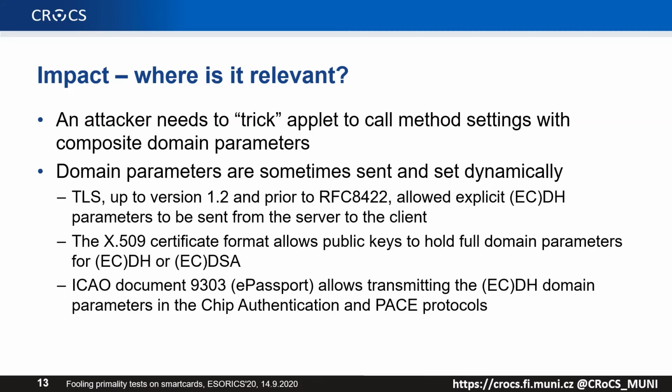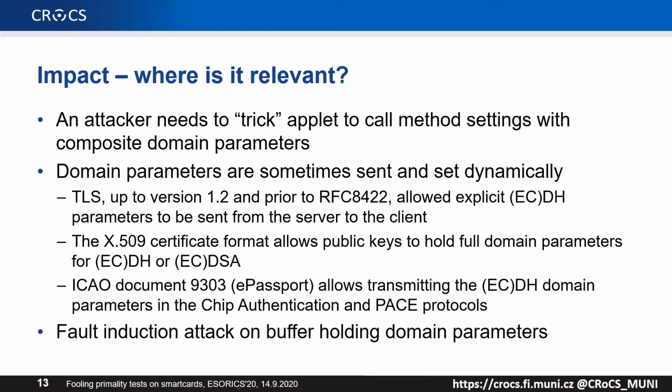For example, TLS up to version 1.2 allowed explicitly setting domain parameters. X.509 certificates also allow public keys to be accompanied with full domain parameters. And electronic passports also allow transmitting this during the negotiation between the passport and the border terminal.